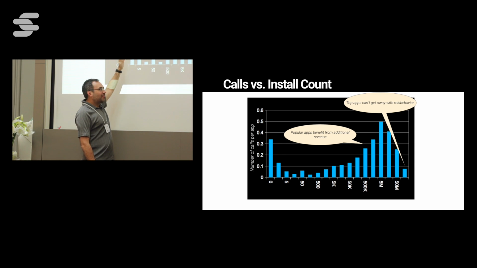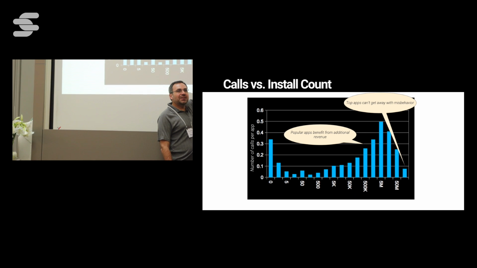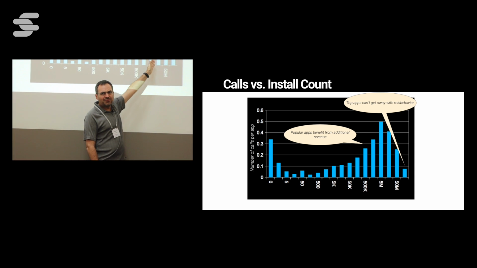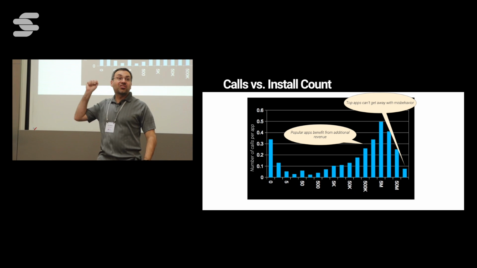So apps that have virtually no installs, I kind of don't care how bad they are because nobody's using them. But apps with 5 million installs, which is really 1 to 5 million because they don't tell us, apps with 5 million installs are leaking more stuff.